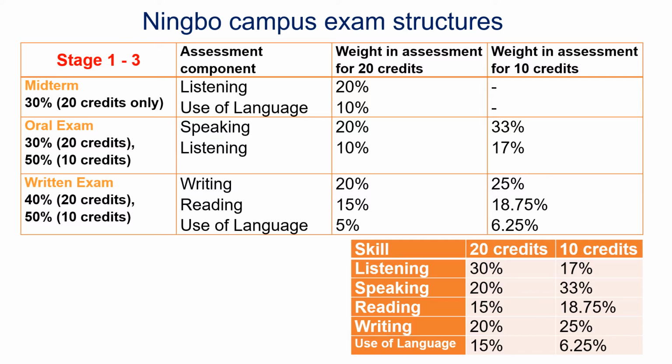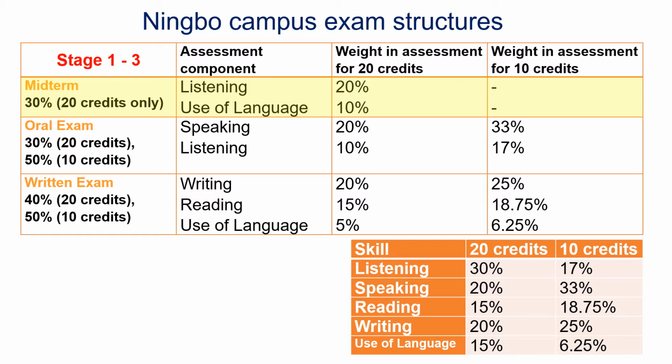However, in the Ningbo campus, they are taught together but given different types of assessment and different weighting, as you can see on this table. So for compulsory modules, a midterm exam would be given, but not for the 10 credit module students.